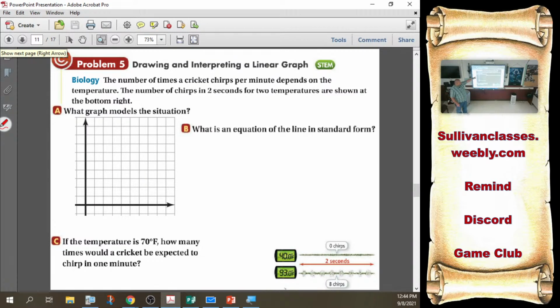It says it right there. The chirps for the temperature. If it's this temperature, that's how noisy it is. So maybe I'll label that. I'll start with, this is my temperature. Make sure you label degrees Fahrenheit. There's a big difference.